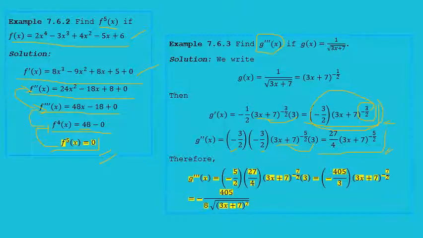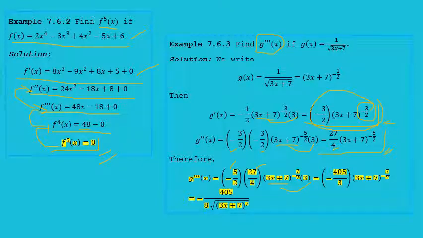For the last, the third derivative, because that is what is being asked here. If it were the fourth derivative, of course, you would continue. So g triple prime of x: negative 5 over 2, which comes from the exponent, then 27 over 4, the result we got from the second derivative, times (3x plus 7) to the negative 7 over 2, because negative 5 over 2 minus 1 is negative 7 over 2, times the 3 which is the derivative of 3x plus 7.